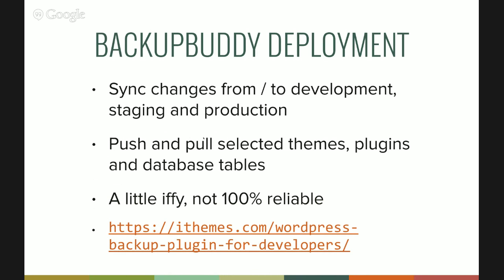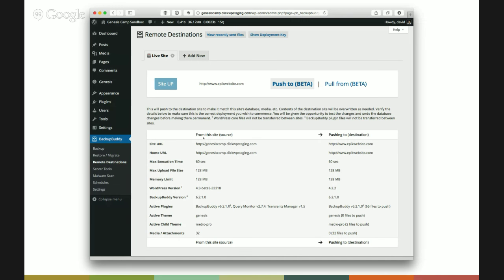Another tool that I've been using for a long time now is BackupBuddy. Recently, they added a deployment feature which allows you to sync changes. This is a really useful feature, but it's not 100% reliable yet. But if it works for you on your site, it's a real time saver. Here are some screenshots of BackupBuddy deployment in progress.